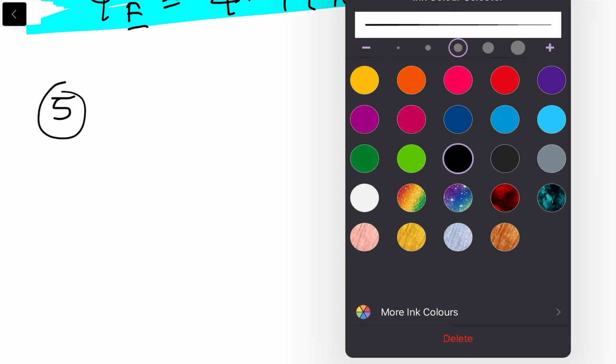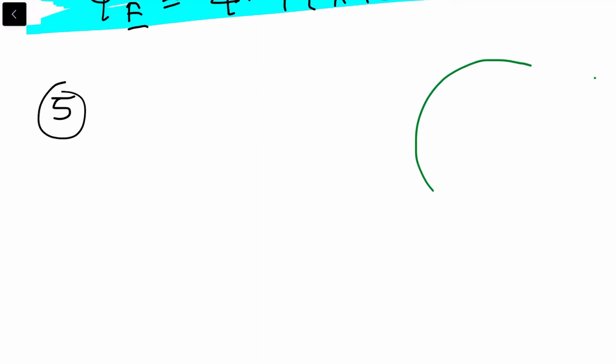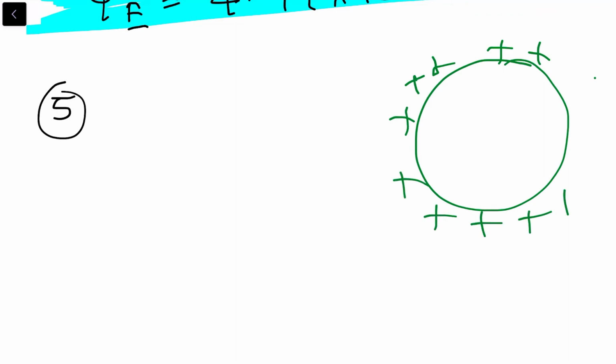They have given a full conductor, a spherical conductor, and the charge is distributed uniformly over its surface. The radius of that is equal to 12 centimeters.